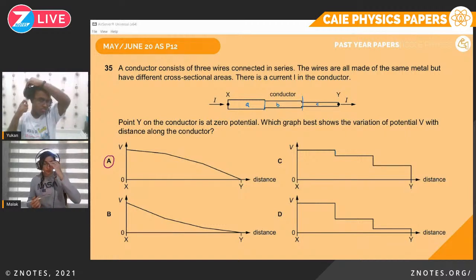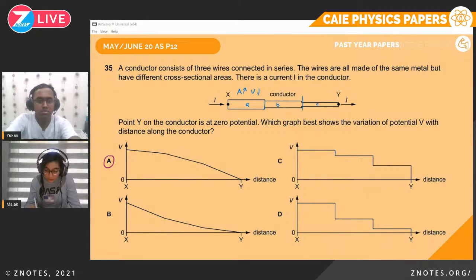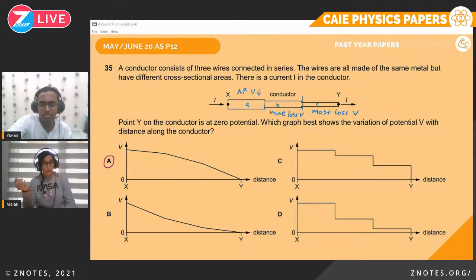So we have 3 areas on this, area A, area B, and area C, correct? Now, since in here we have the biggest area, we would have the smallest change in the PD, smallest loss in the voltage, correct? And then in here, there would be more loss, and here we'd have the most loss in V. Correct?